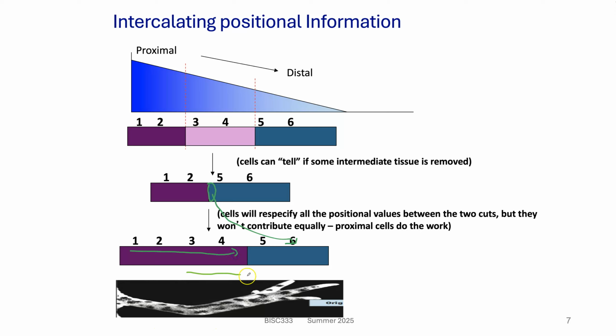And once again, if you think about this in terms of positional values, then cells at the blastema, if this is level 5 expression, if that's what those cells can express, they are not able to divide and form cells that give rise to more of the signal, only to the same or less of the signal.